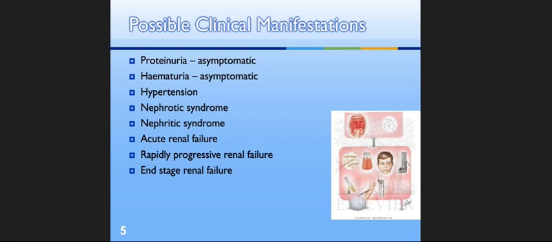Some people present with hypertension. You remember, hypertension could be a cause and could be a result of most of the kidney diseases. Some present with what's called nephrotic syndrome. And I think, inshallah, in the near future, we will talk about the two entities, nephrotic and nephritic syndrome, but maybe it is delayed to the second semester. I hope so. Some present with acute kidney injury.